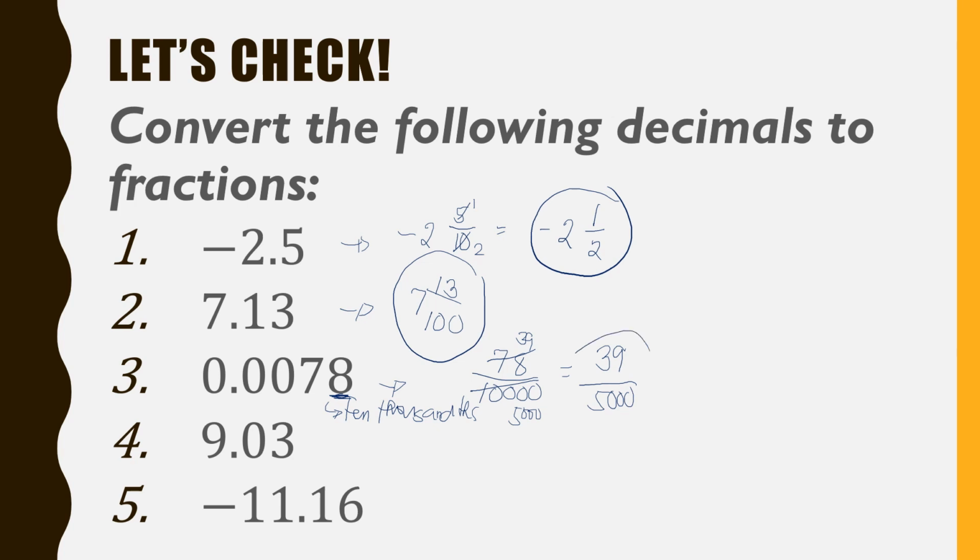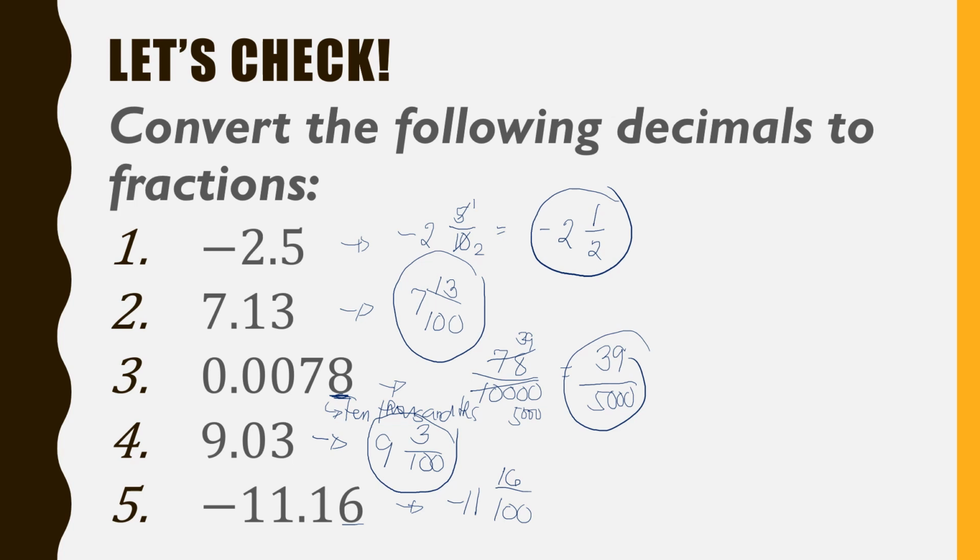Next, we have 9.03, or 9 and 3 over 100. So that is the fraction form of 9.03. And for the fifth one, we have negative 11 and 16 over 100, since the place value of 6 is 100.